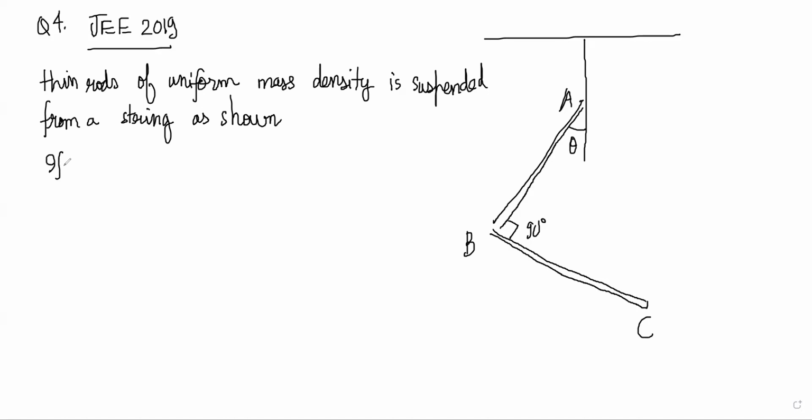If AB is equal to BC, you have to find tan theta.